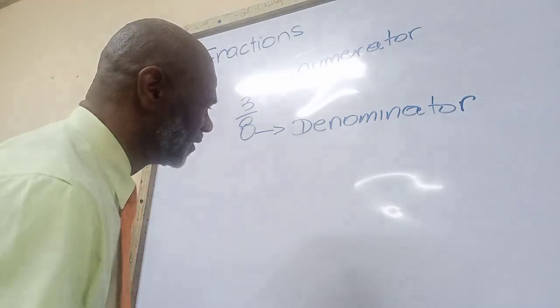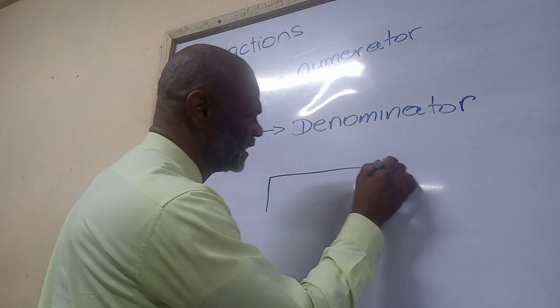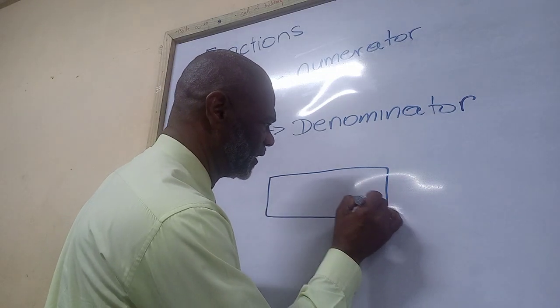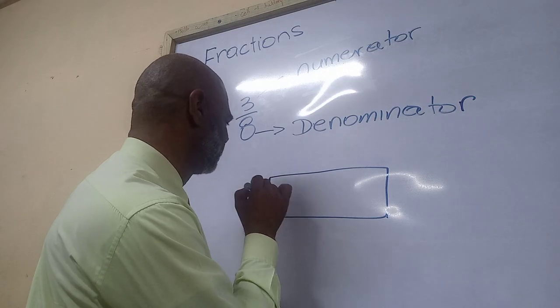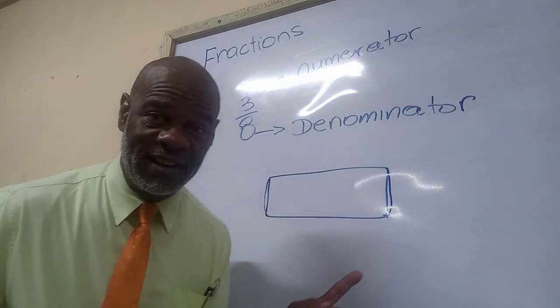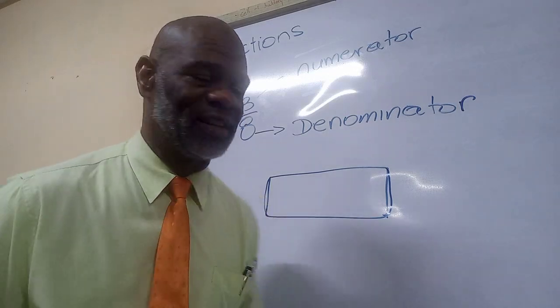So let's say this is a bread, right? This bread, I'm dividing it for 5 hungry children, right?